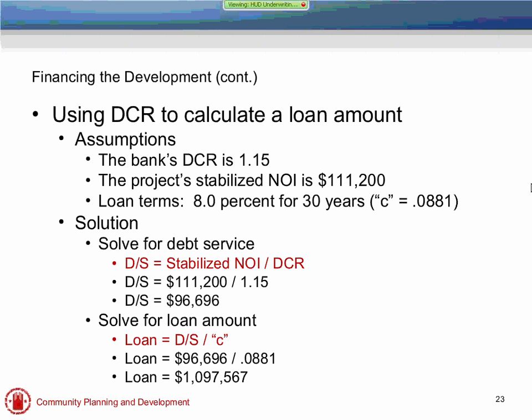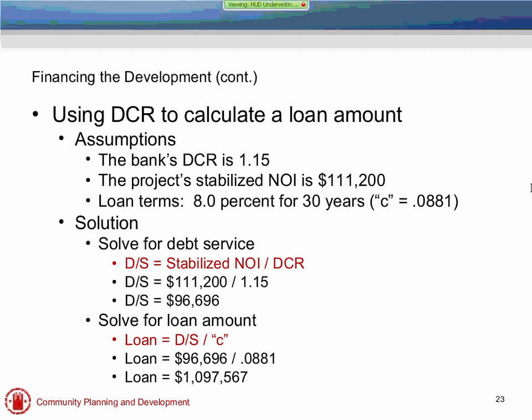So what the lender is really doing when they use debt coverage as an underwriting tool is trying to limit the amount of debt service so that there's a comfortable amount of net operating income above debt service in case something bad happens. And as we all know, bad things happen every now and then. So if they limit the debt service to $96,696, the next question is, how big a loan can you repay with that amount of debt service?